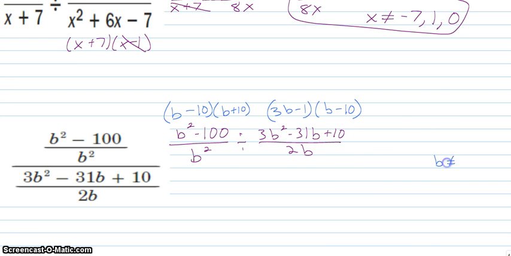So b is unequal to, here I can't have a 0, here I also can't have a 0. I don't need to list it more than once. Leave the first alone, multiply, and flip. So I've got b minus 10, b plus 10, over b squared, leave the first alone, multiply, and flip.